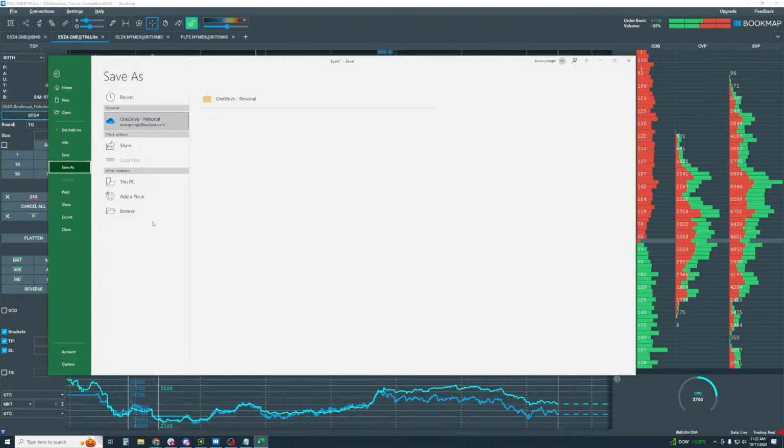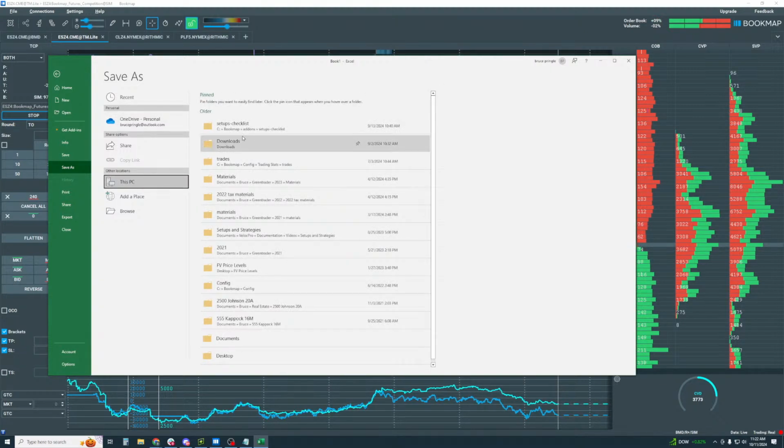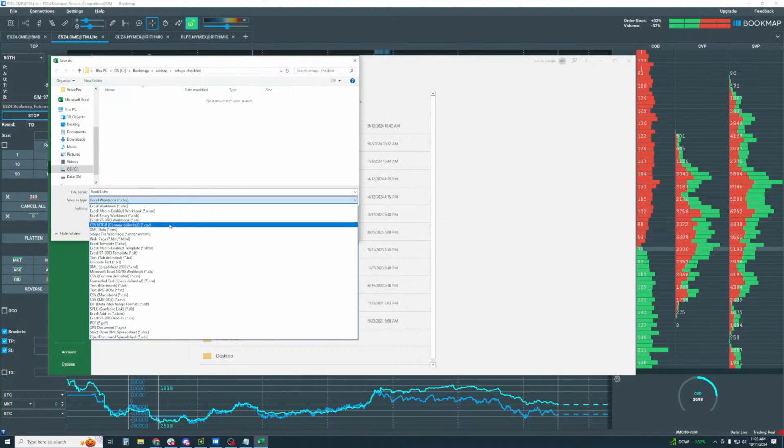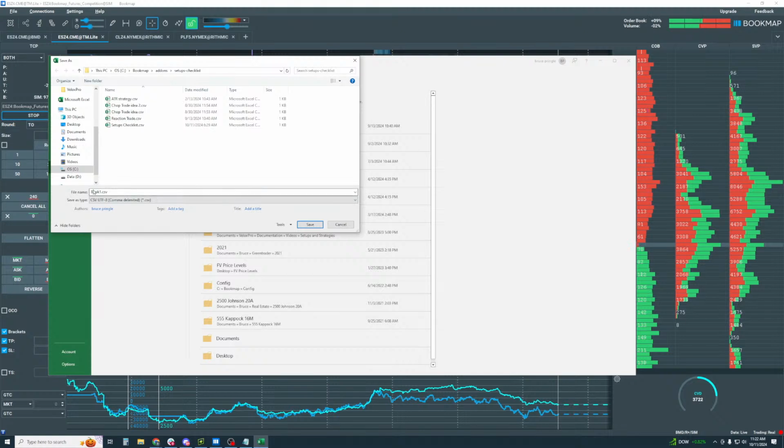Okay, and we're going to save as this PC, and our setups checklist, CSV. This is going to be called a pullback strategy.